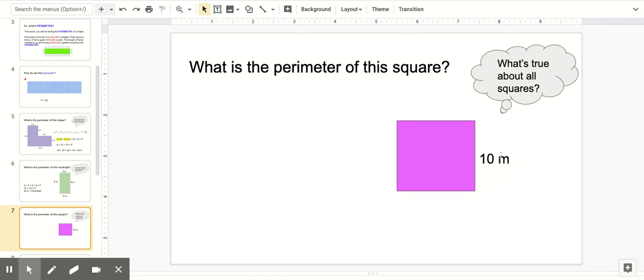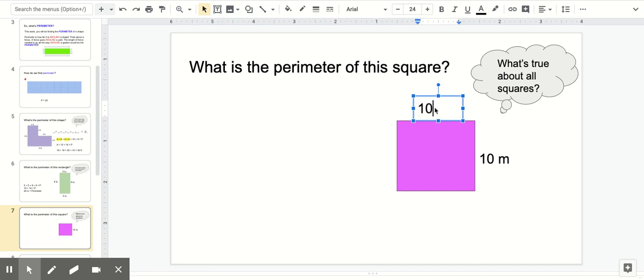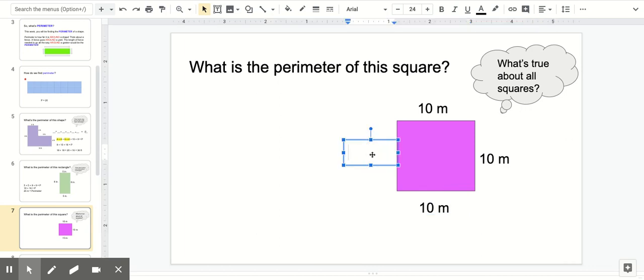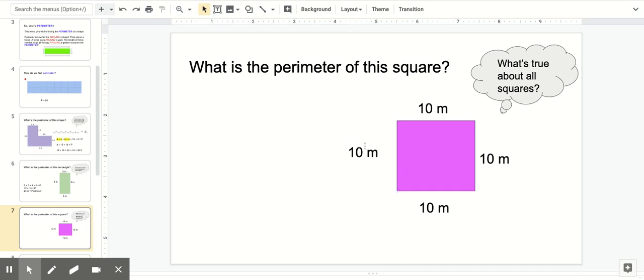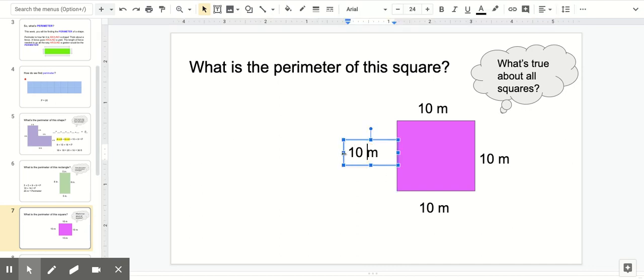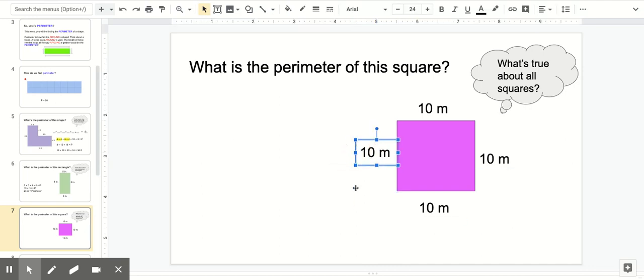That means if this is a 10-meter side, then this side is 10 meters. This side is 10 meters. And this side is 10 meters. So we do actually have enough information to figure this out because we used what we know about squares to fill in those dimensions that seem to be missing.